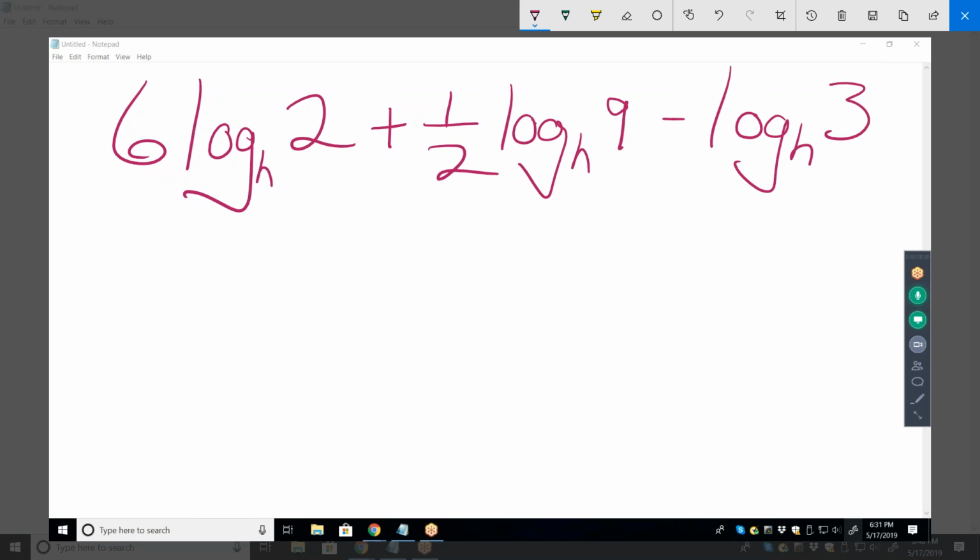Okay, now the order you do these is important. You always do them in the reverse order. When you're compressing, you do them in the reverse order than when you're expanding. And we're going to compress in this case. How do you know? Because we've got 3 log statements. If we had 1 log statement, it would be an expansion problem. Since we have multiple log expressions, it's going to be a compression problem. What's the first thing you do when you compress?